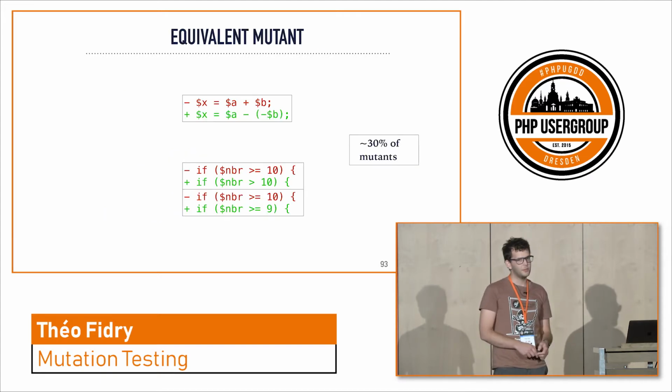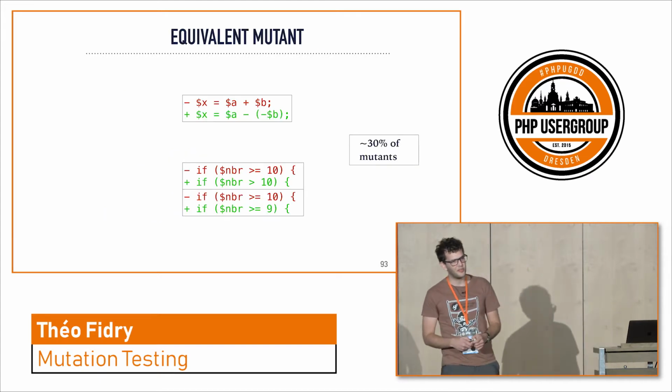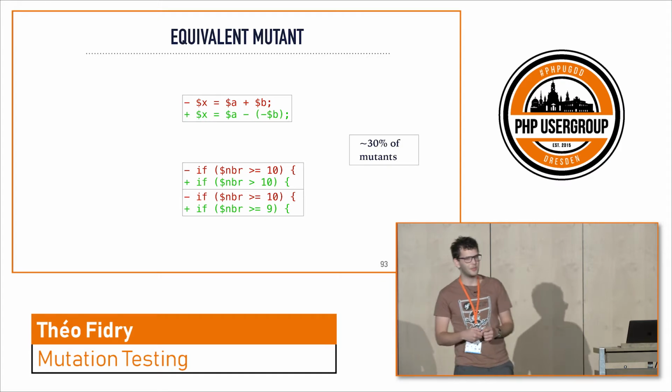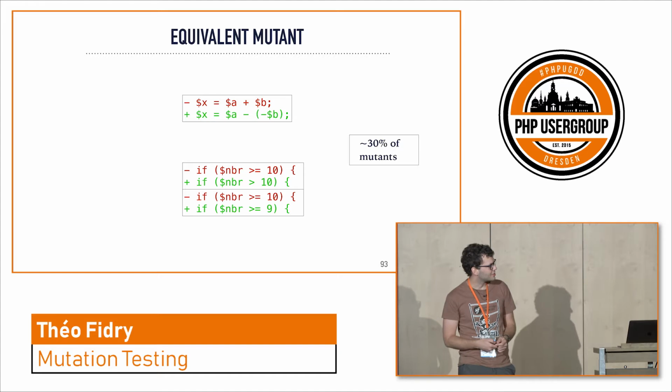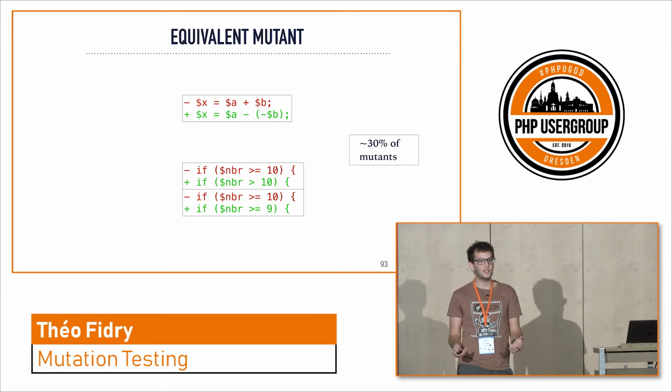The equivalent mutant problem. Right now Infection does nothing about it, but the idea is that some mutants are not useful. So here you can see, sure, changing plus into minus works. It can be a mutant, but it doesn't change the actual code behavior, so it's not useful. Another example is you have multiple mutants, but you find out that out of 2, 3, 4 of them, actually 1 or 2 would have been enough.